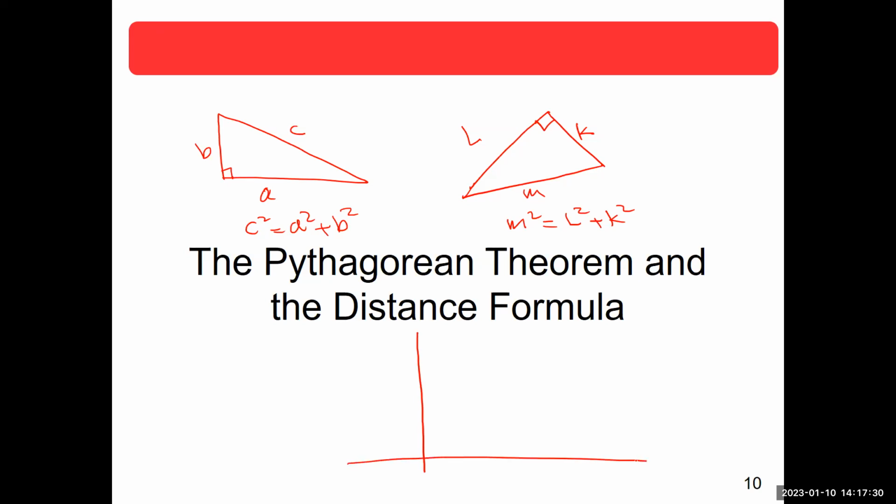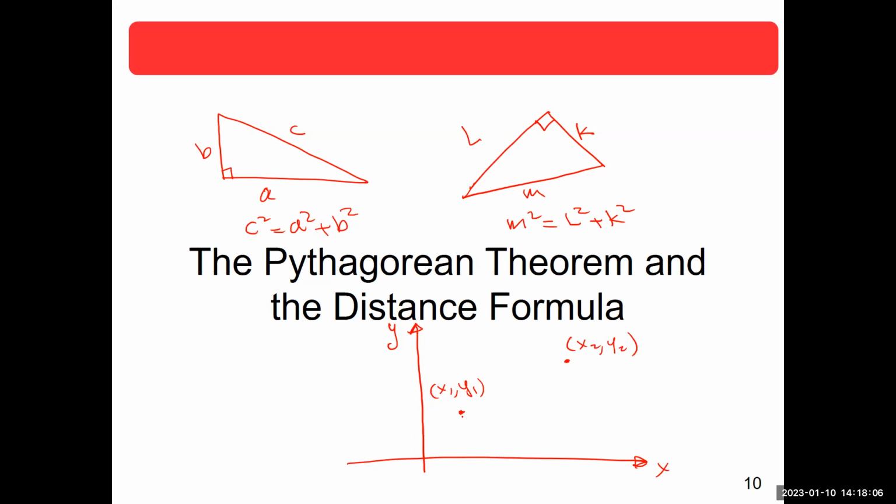If I draw the axis, X and Y, if I pick any point in the XY plane and call it X1, Y1, where X1 and Y1 are any numbers, get another point, X2, Y2.